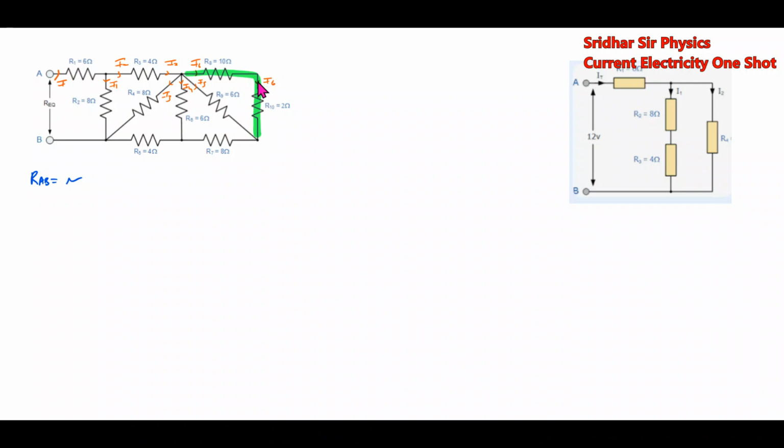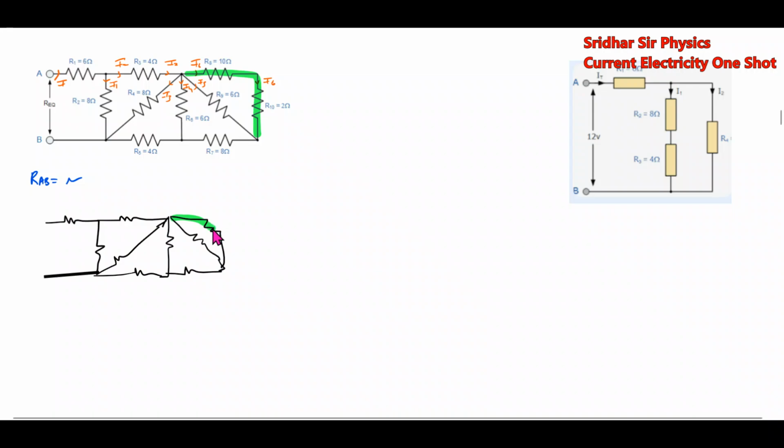Then the effective of that will be 12 ohm. 12 ohm is parallel to 6 ohm. Replacing it, it will be like this. These two we have replaced.